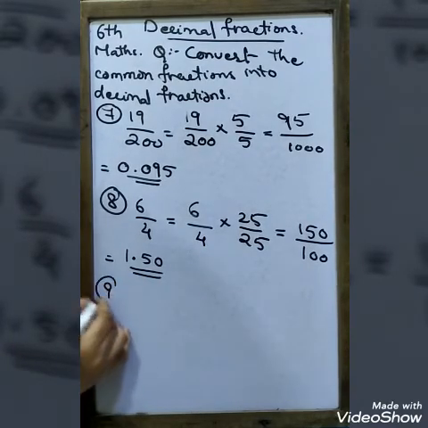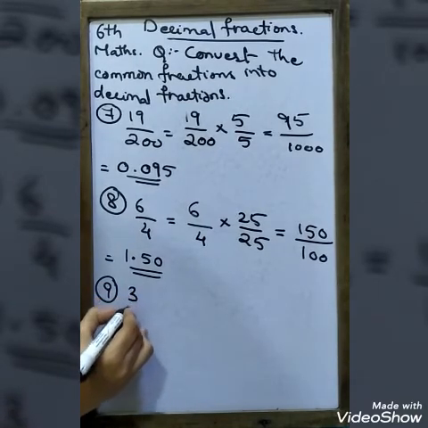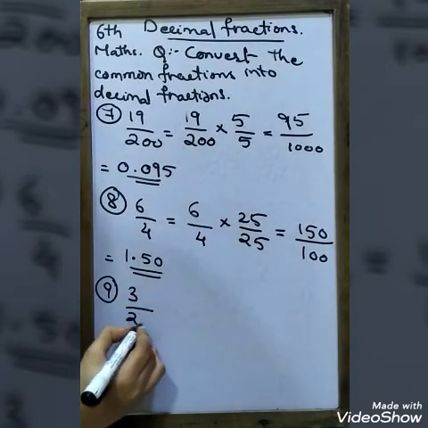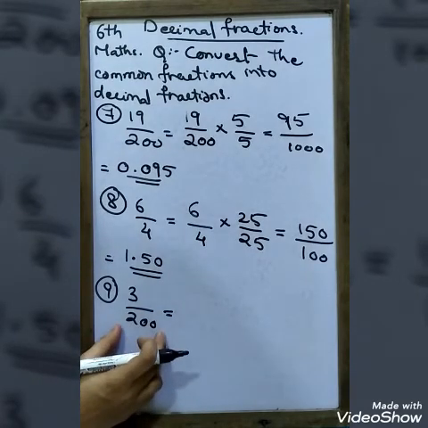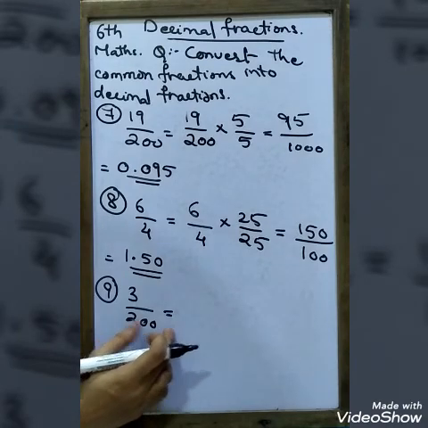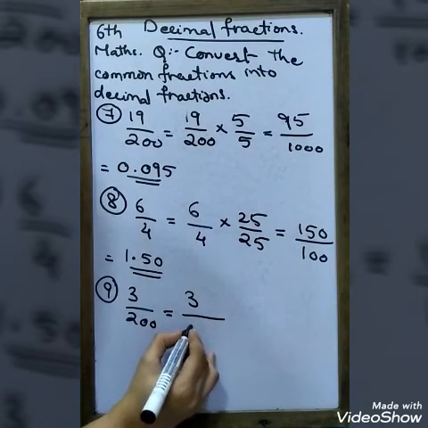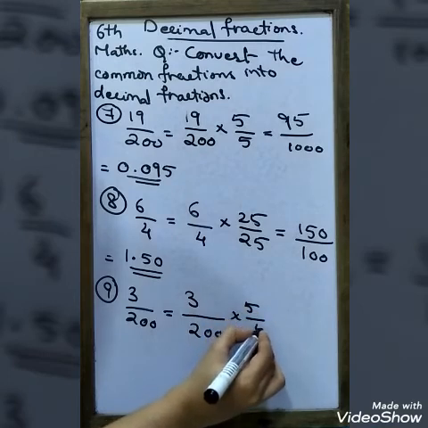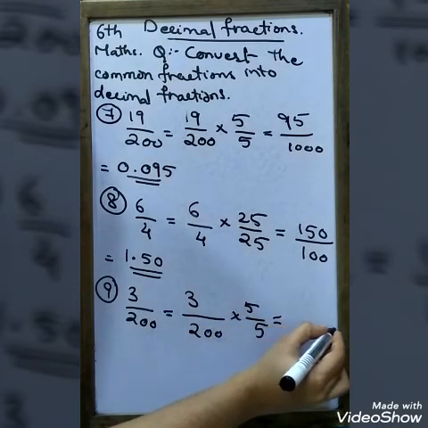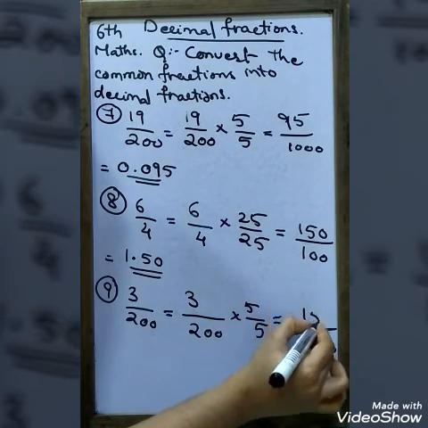Now the 9th question we are solving is 3 upon 200. So here again with the 200 we will make it by the मल्टीप्लीकेशन ऑफ 5. सो यहाँ पर हम 5 से मल्टीप्लाई करके इसको 1000 में कन्वर्ट करेंगे. 200 इंटू 5 बाय 5 इज इक्वल्स टू 1000 एंड देन 15.